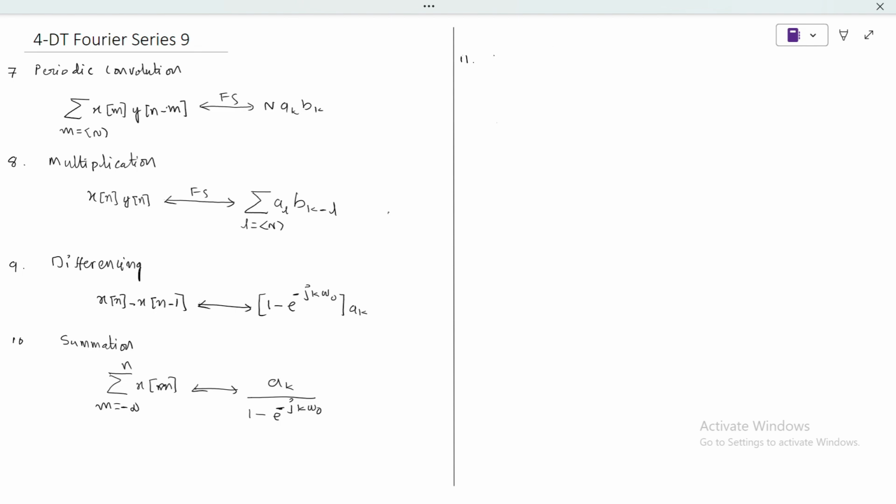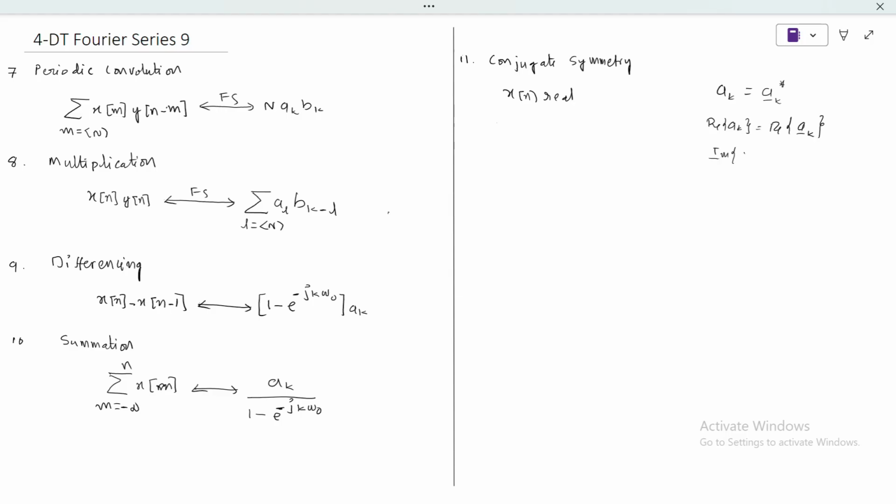So 11th one, conjugate symmetry. For the conjugate symmetry, I'm taking x of n as real. Then I'm going to compare. For complex x of n, we already learned that ak equals a minus k complex conjugate. So for the real case, the real part of ak equals the real part of a minus k.